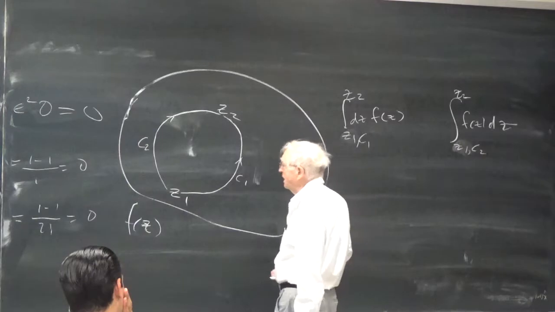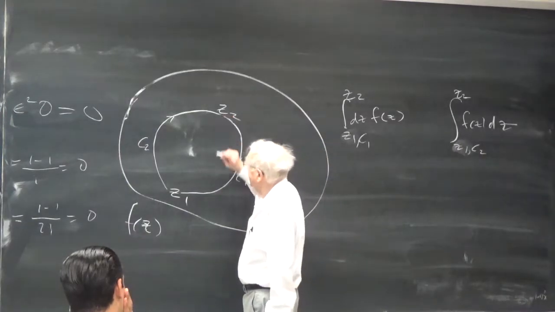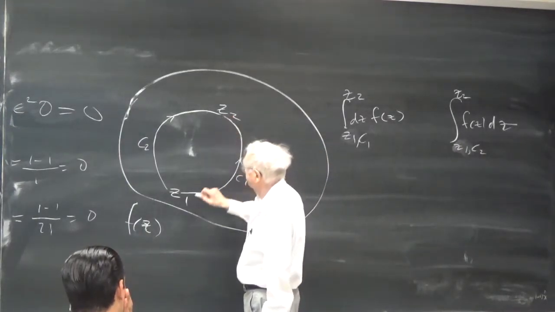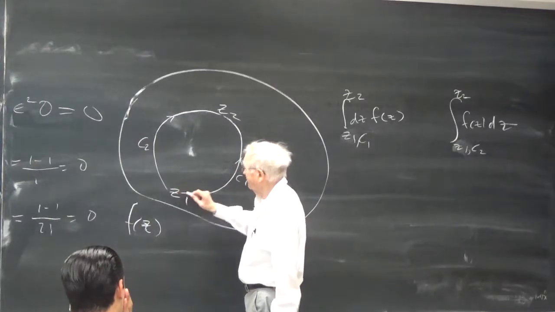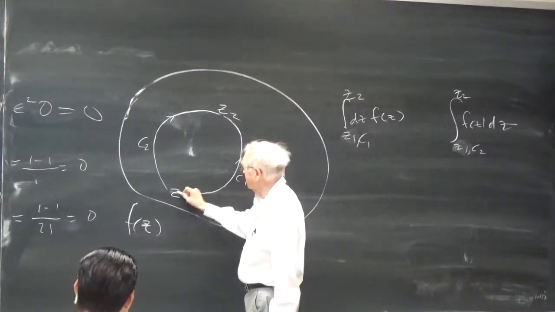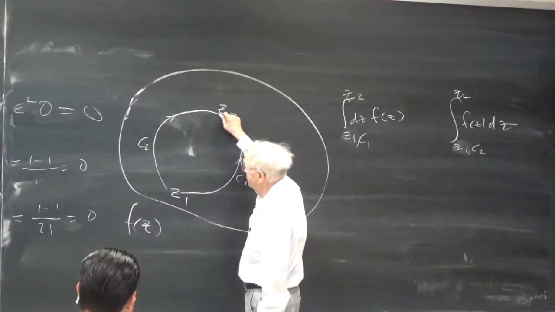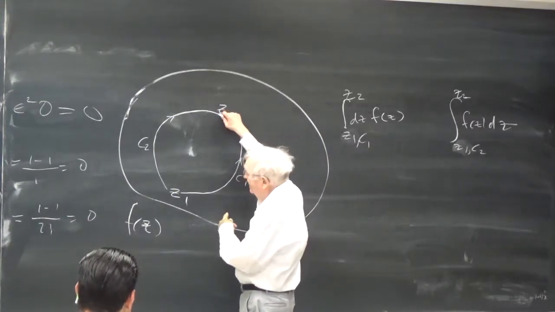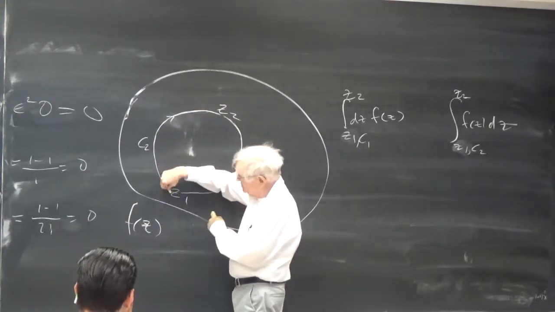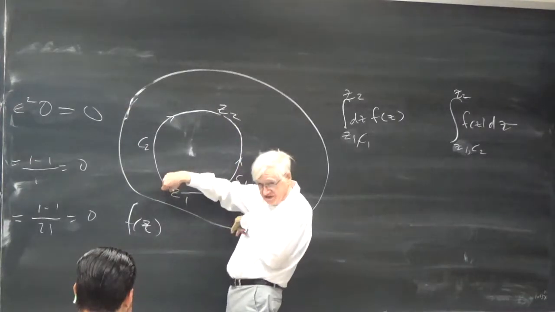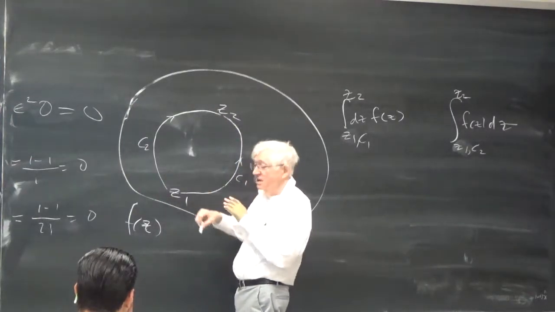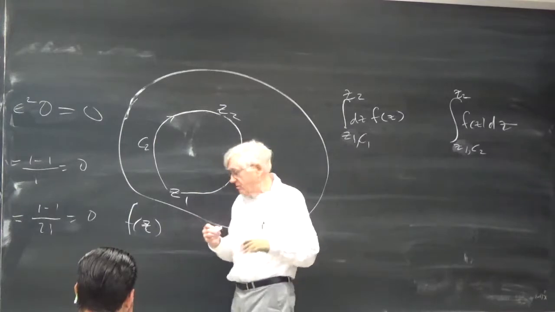All right, but what we know is that the integral from z1 to z2 along c1 and then backwards along c2 to z1, that integral is 0.